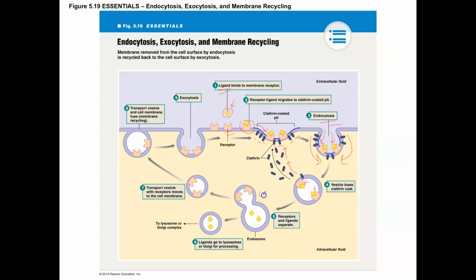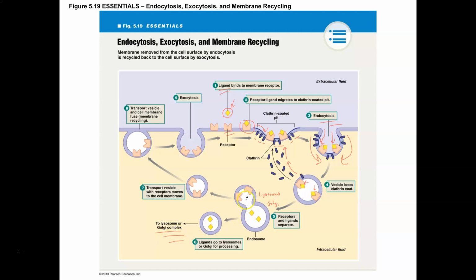Lysosomes and Golgi, not shown in this diagram but listed here, are typically going to interact with the endosome and do the processing. So the endosome with the ligand is going to interact with the Golgi and the lysosome, and we're going to have processing of what we brought into the cell.